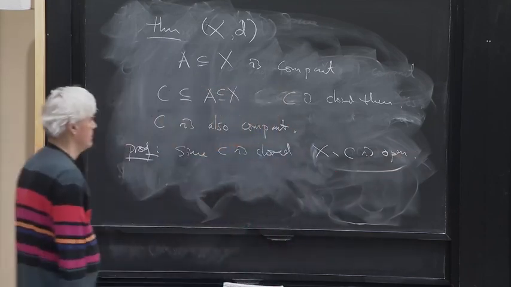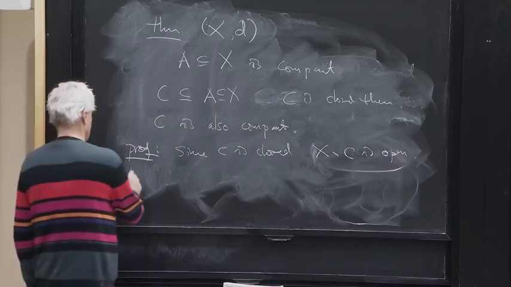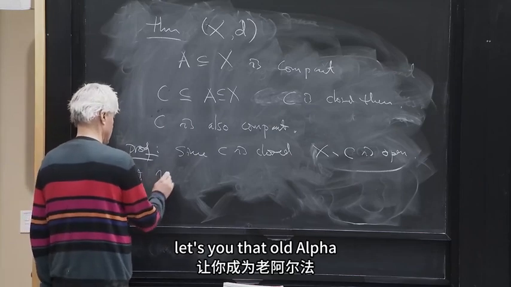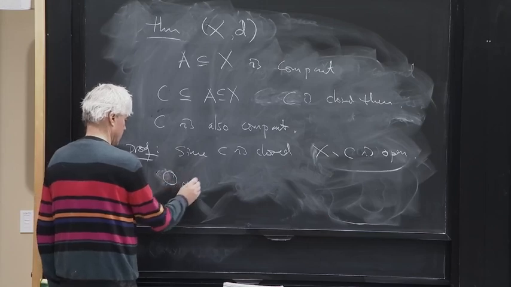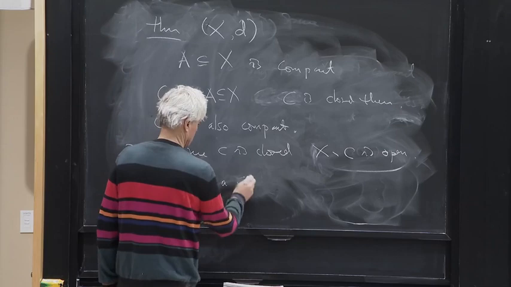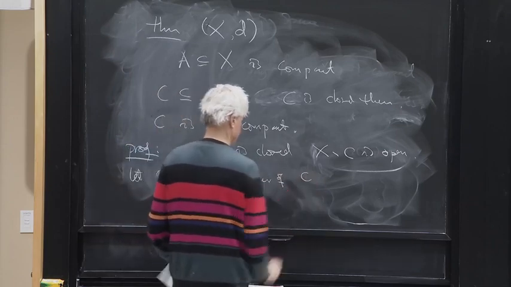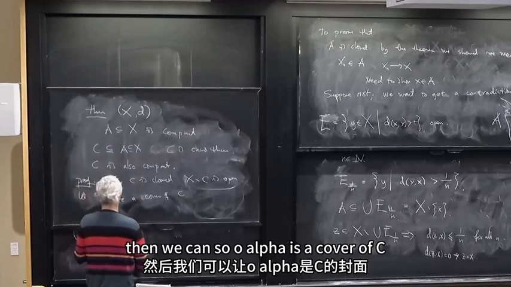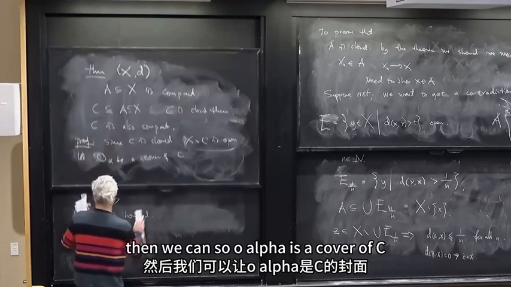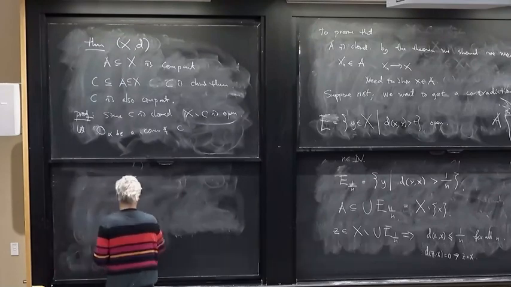Right? So now let O alpha be a cover of C. Then O alpha is a cover of C, and now you can add the complement of C to it.